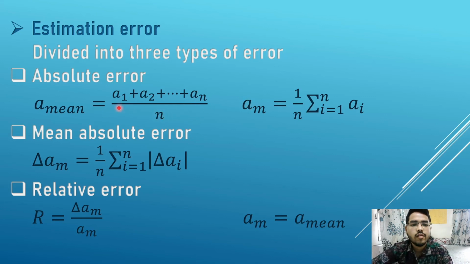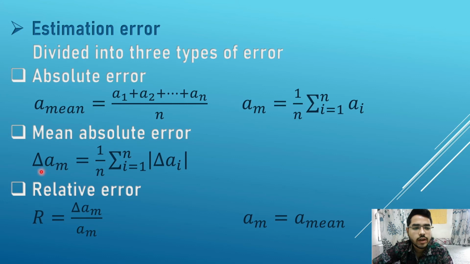That is actually the average. So a_m can be given as 1 upon n, the summation of i equal to 1 to n of a_i. After putting the values of i from 1 to n, you will get all the values of this numerator.